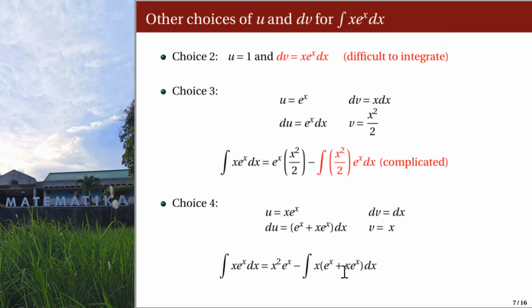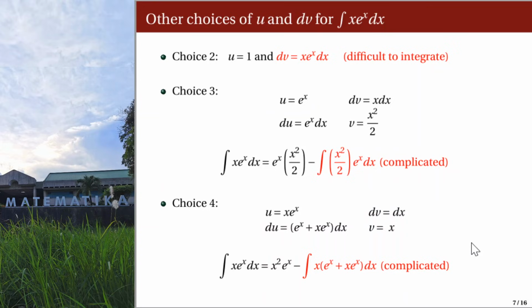Pero, if you notice, you can factor out e to the x here, then you will have e to the x multiplied by x squared plus 1. So, parang ganun din siya dito. It's also complicated. So, it's also not a good choice for u and dv. So, ibig sabihin, just like in substitution rule, minsan may mga good choices talaga for u na yun yung gagana. So, ganun din sa IBP.